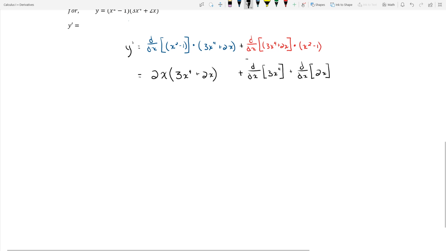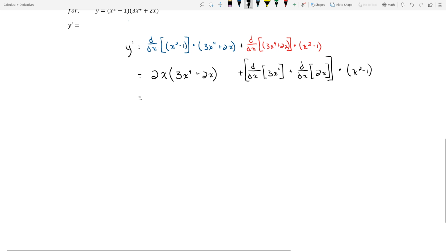And we want to make sure we put brackets here because we split those apart, but that has to be done first. That is considered a term, 3x to the fourth plus 2x. So we want to do that before we end up multiplying by our x squared minus 1.